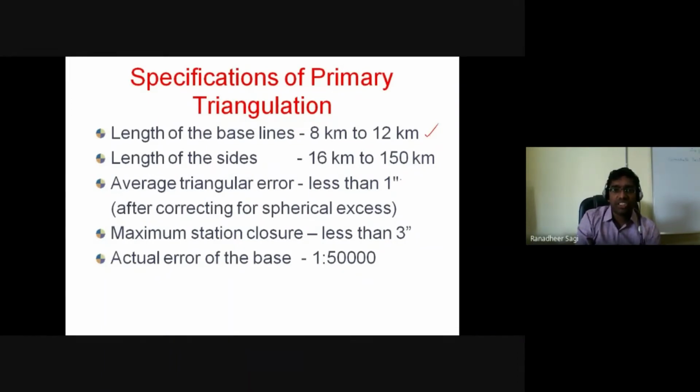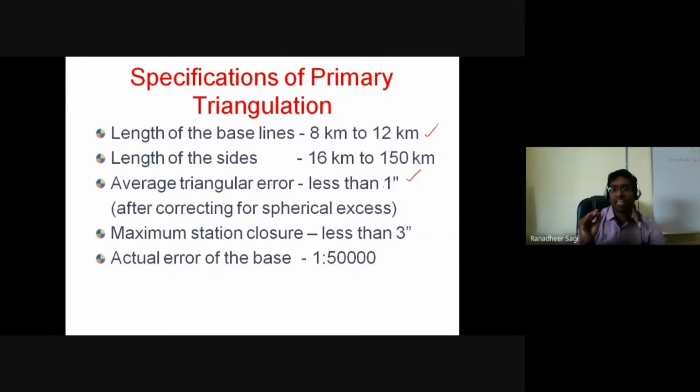The average triangular error, the angle error that you are going to have, is less than 1 second. With that much accuracy, we go on to locate the positions of various triangulation stations, the bearings, and angles that you are going to be measuring.